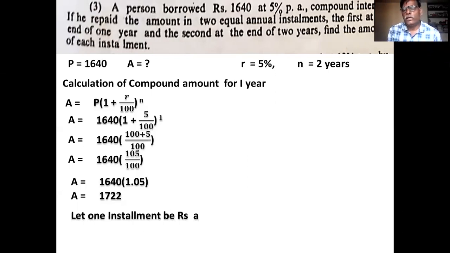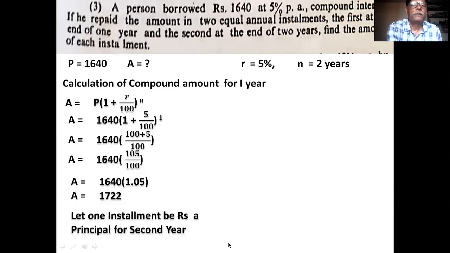If you deduct this installment out of the first year amount, 1722, the amount at the end of the first year, you get the principal for the second year. A is the amount of installment paid at the end of the first year.